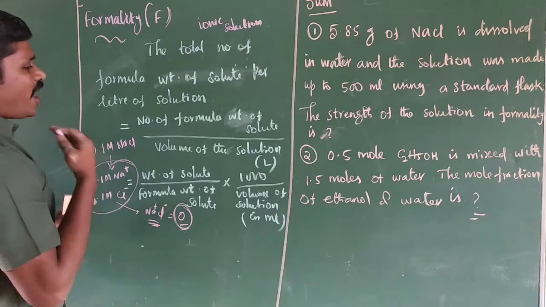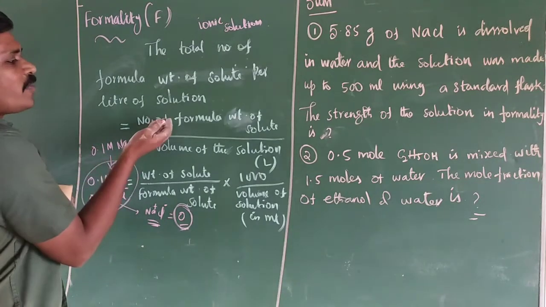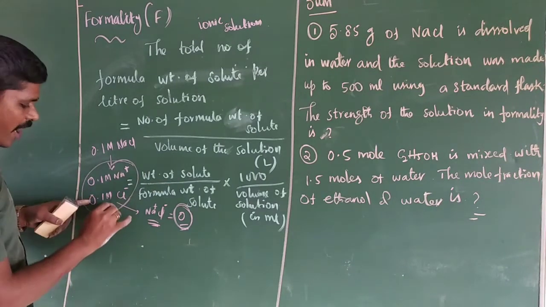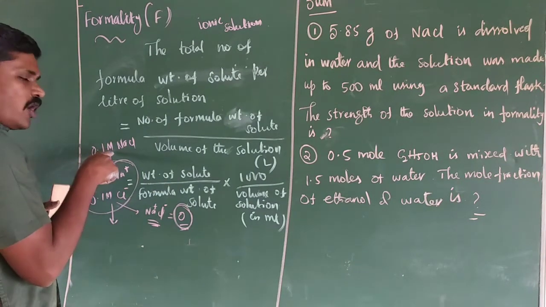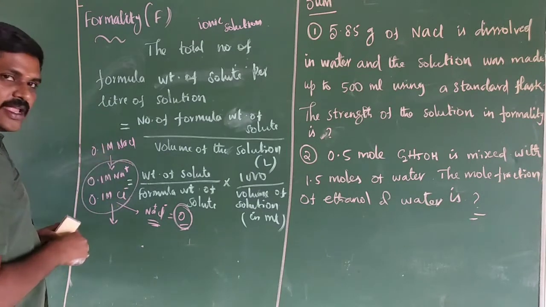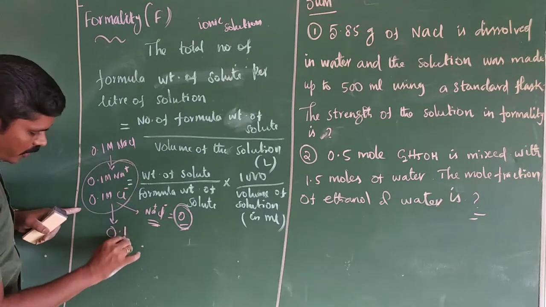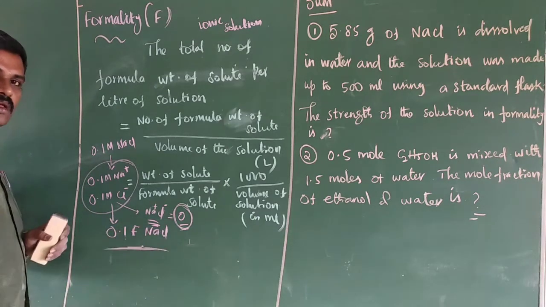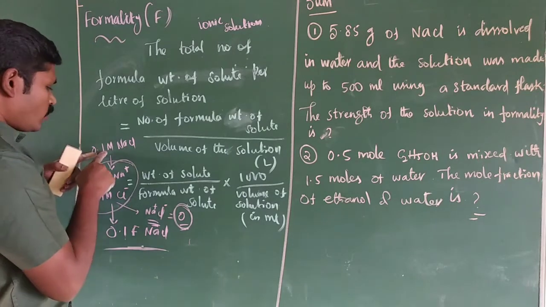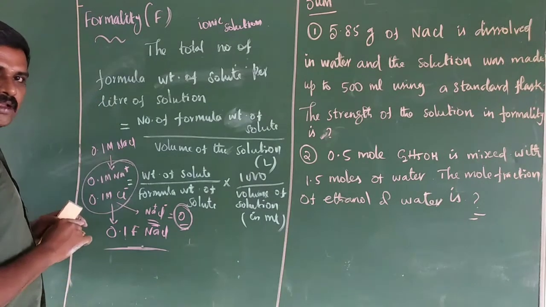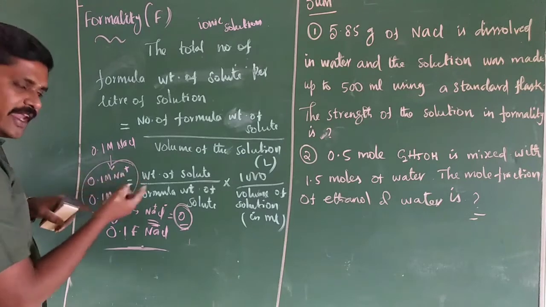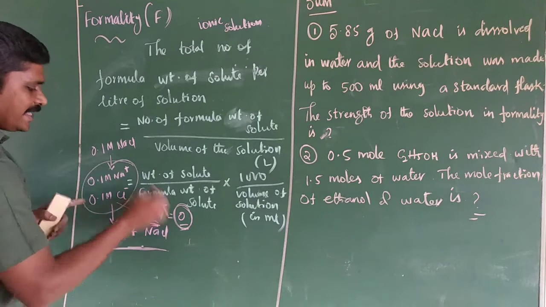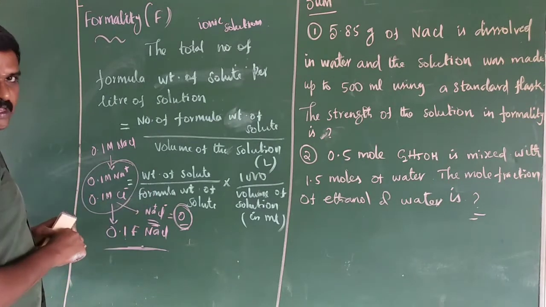But in formality, the formality is the number of formula weights of solid divided by the volume of the solution. So the formality of a 0.1 molar solution dissolved in water is called 0.1 formality of NaCl. So 0.1 mole NaCl dissolved in water contains 0.1 mole of Na plus and 0.1 mole of Cl minus, so it does not contain undissociated NaCl.